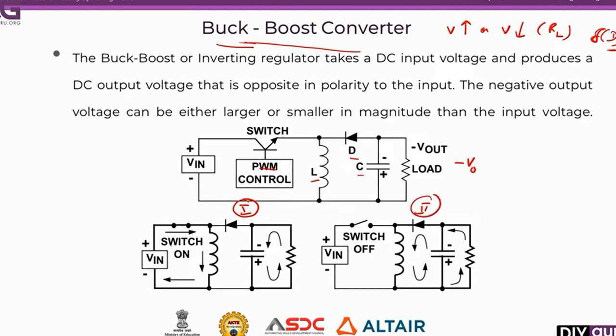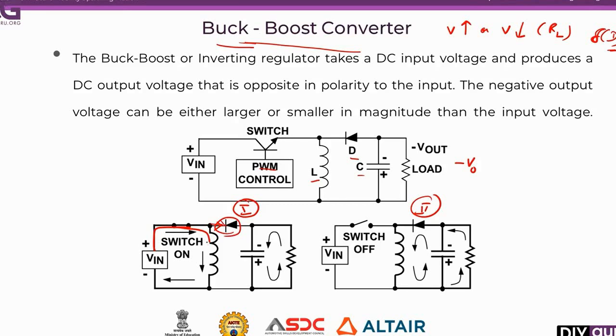Now we will see what the operation is when the switch is closed. See, when the switch is closed, current from the battery source will flow through the inductor. It cannot flow through the diode because it is reverse biased, so this diode will not conduct.